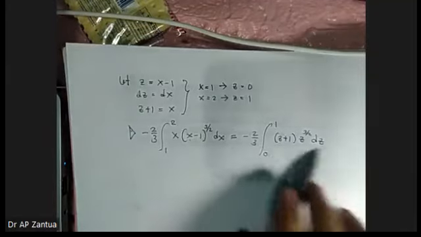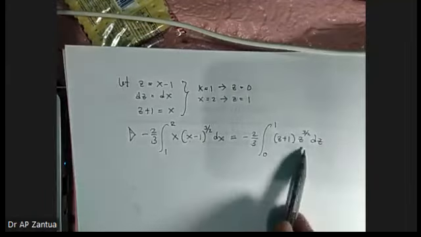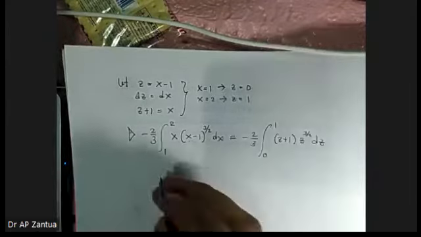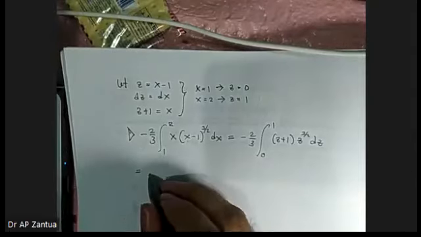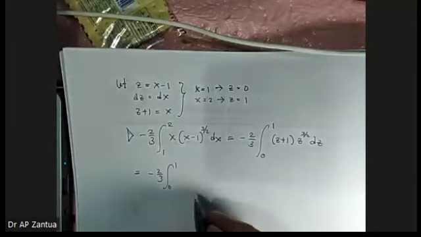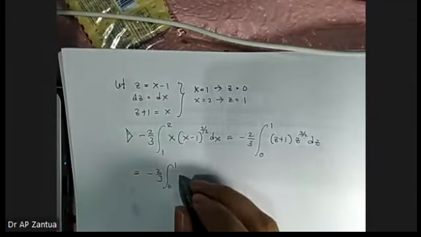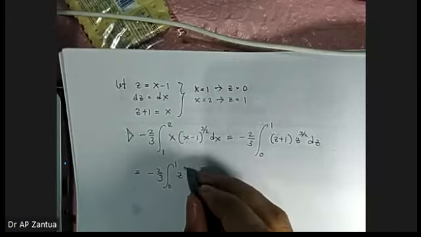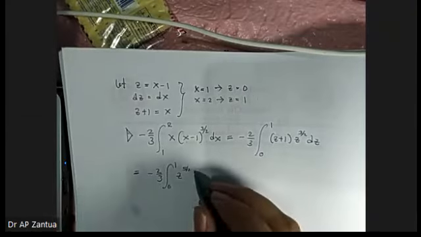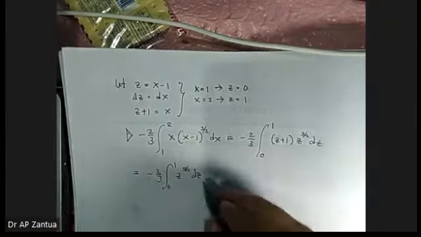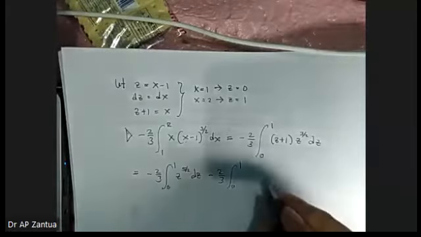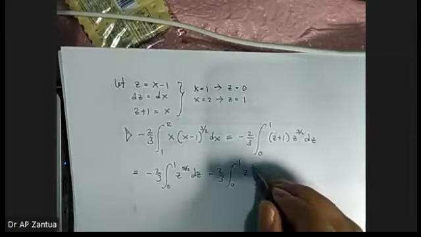So this is now our current integration. Now we can just distribute z times z dz. Just distribute. Negative 2/3 integral from 0 to 1 of z times z to the 3/2, that is z to the 5/2 dz, minus 2/3 again from 0 to 1 of z to the 3/2 dz.